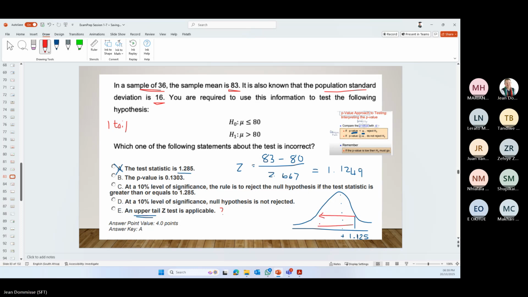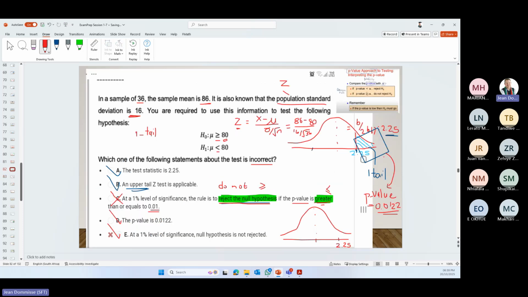So here is definitely something wrong in this question. Let me quickly see. We got that because it said bigger or smaller.